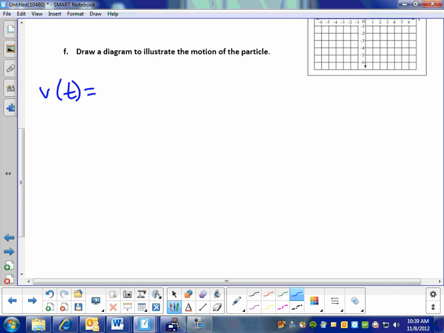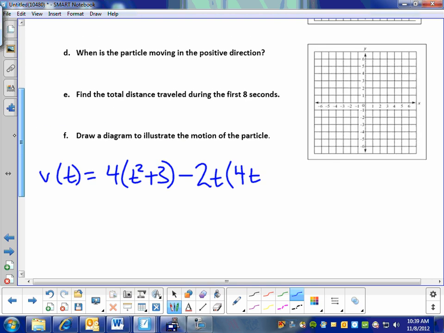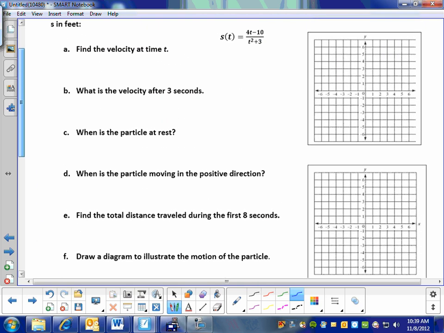V of t. After a while, you will actually get very efficient using the quotient rule, and we'll be able to start right here. In order to use the quotient rule, I take the derivative of the top, which is 4, times the bottom left alone, which is t squared plus 3, minus the derivative of the bottom, which is 2t, times the top left alone, which is 4t minus 10.